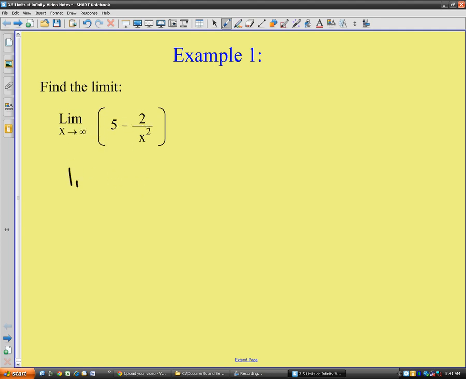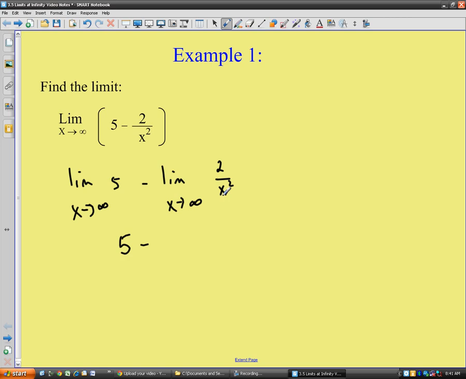I'm going to break this up into two different things: the limit as x goes to infinity of 5 minus the limit as x goes to infinity of 2 over x squared. Well, the limit of a constant is just that constant, so we get 5 minus, now if I put in infinity for x using direct substitution, we would get 2 over infinity squared.